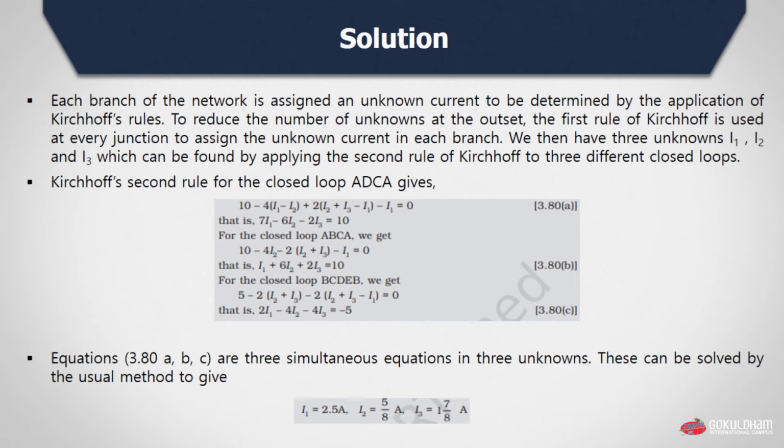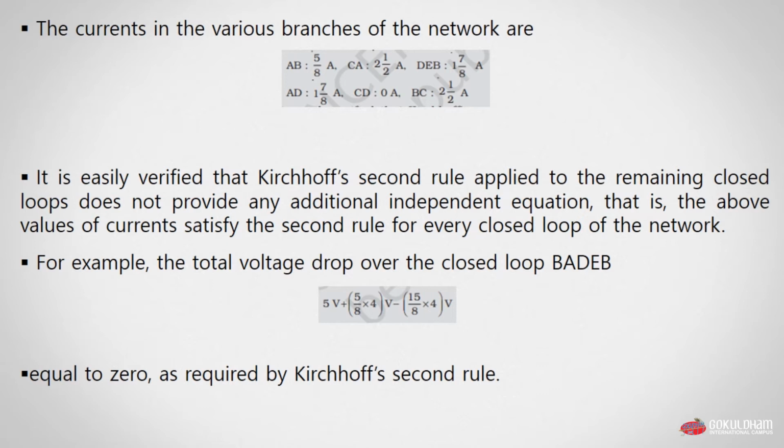These can be solved by the usual method to give I1 equals 2.5 A, I2 equals 5/8 A and I3 equals 7/8 A. The currents in the various branches of the network are AB proportional to 5/8 A, CA proportional to 1/2 A, and DEB proportional to 7/8 A, AD proportional to 7/8 A, CD proportional to 0 A and BC proportional to 2 and a half A.